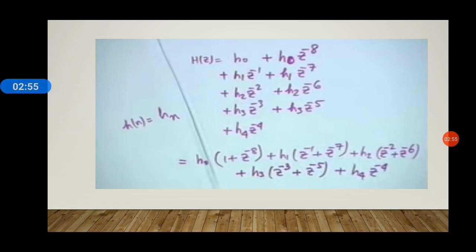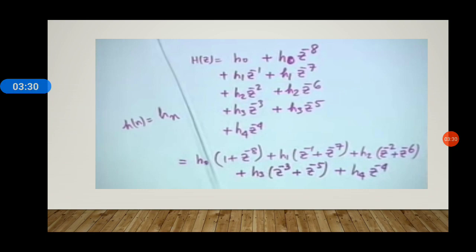Now, if we want to write H(z), then we can write h0 plus h1 z to the power minus 1 plus h2 z to the power minus 2 plus h3 z to the power minus 3 plus h4 z to the power minus 4, and so on. We have written h[n] as h with suffix n for convenience. Now h3 is equal to h5, so we can write h3 z to the power minus 3 plus h3 z to the power minus 5.